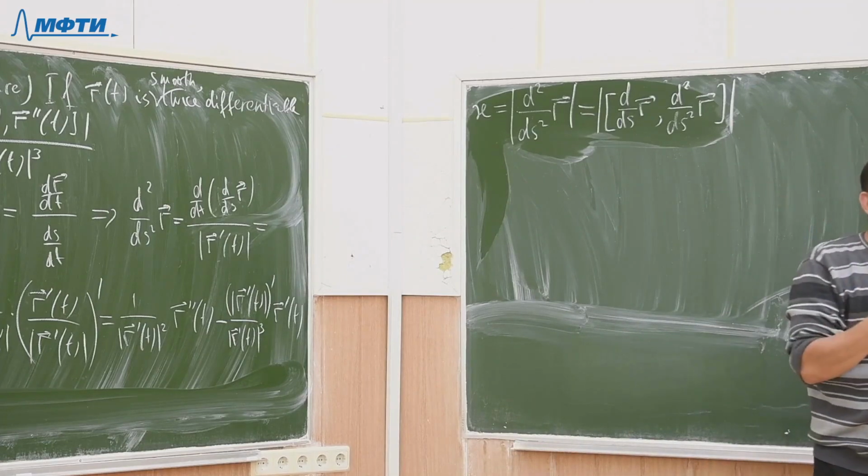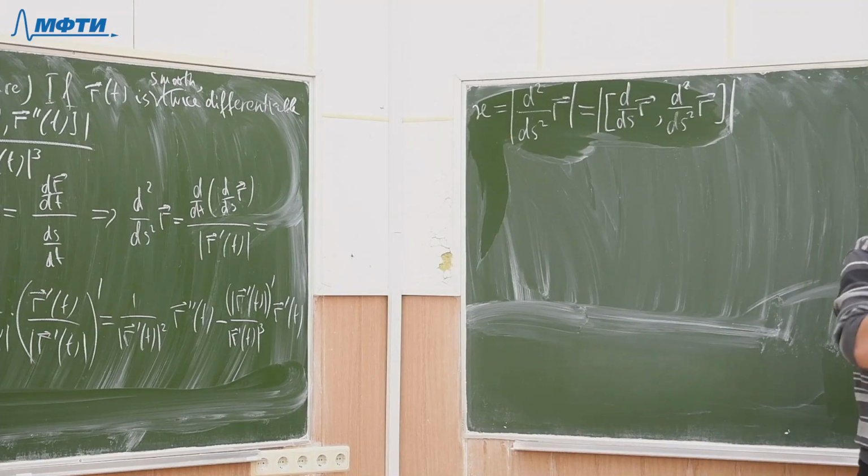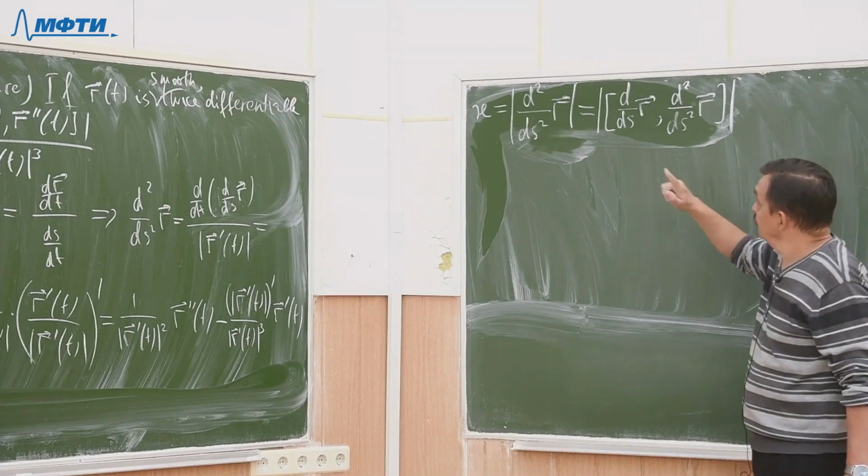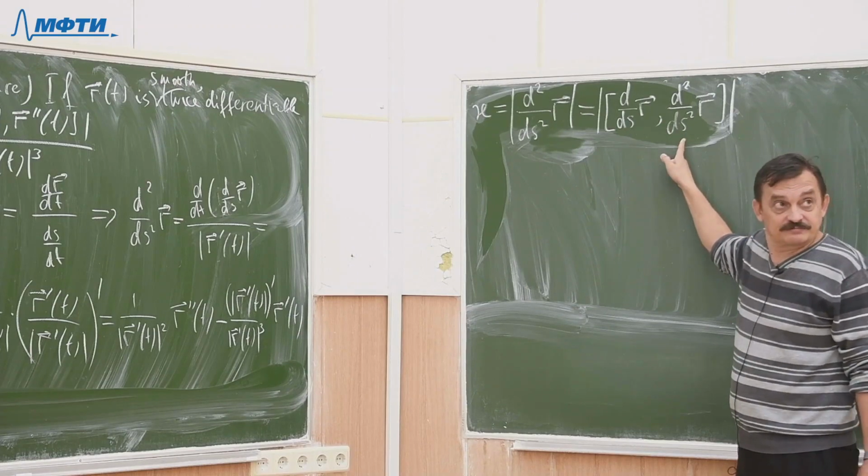Because remember what the vector product is. The length of the vector product. What is the length of the vector product? It's the product of lengths, right, times the sine of the angle between the vectors, right? Now remember, the product of lengths.